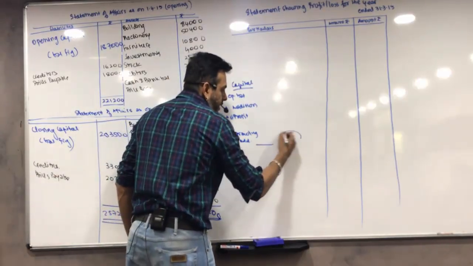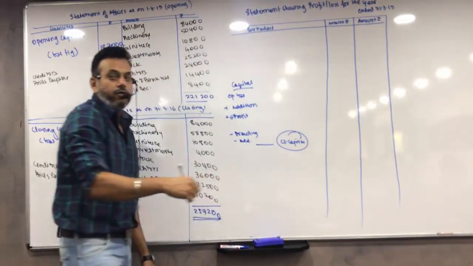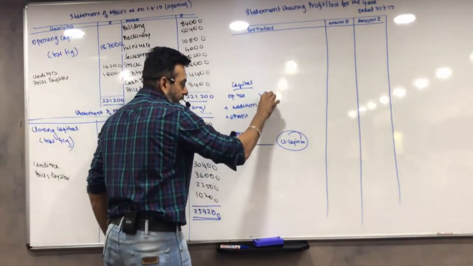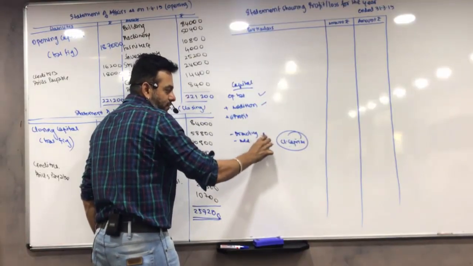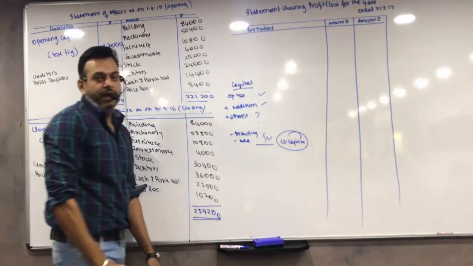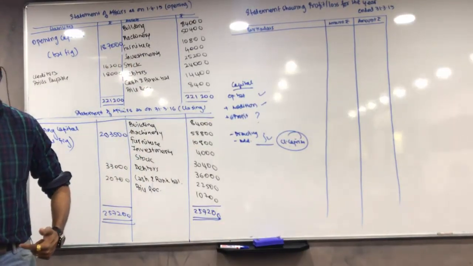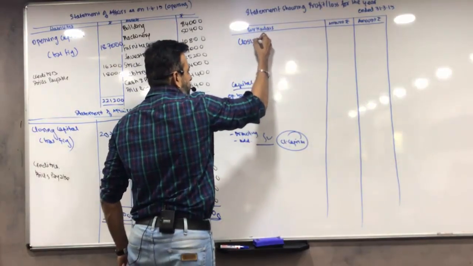And then what we get is the closing capital, closing for this year, opening for the next year. Now over here we have the opening balance, the closing balance, information of capital and information of drawings. This is what we have to find. So we have to go reverse. You understood this? So we start with closing capital.